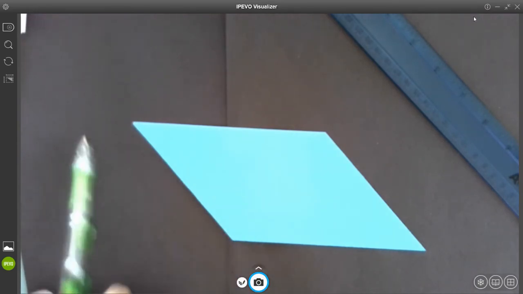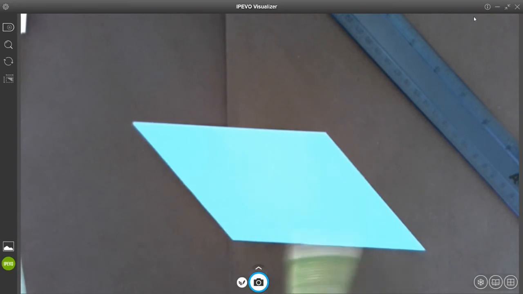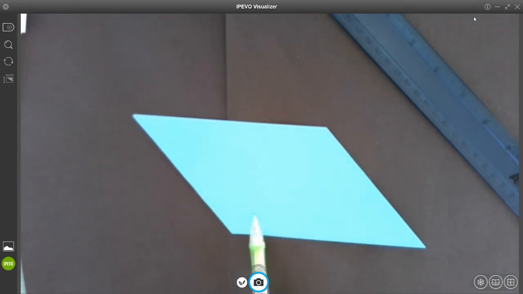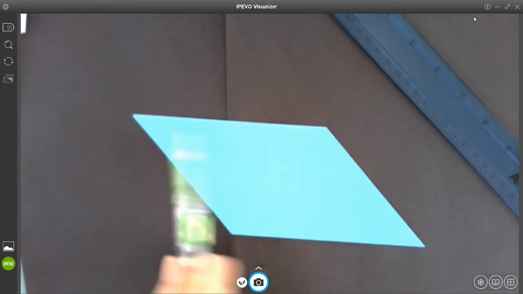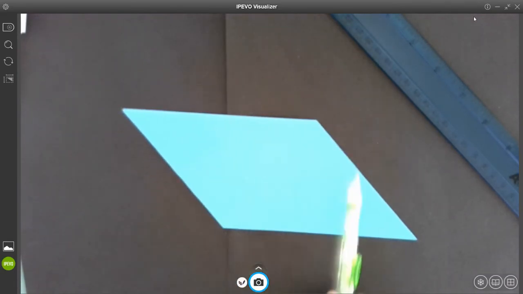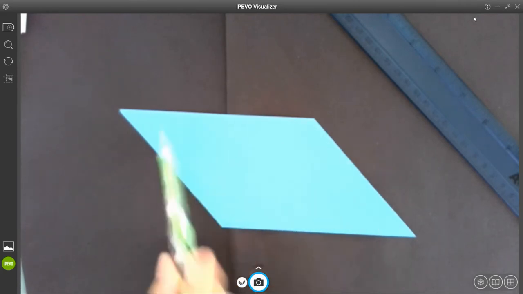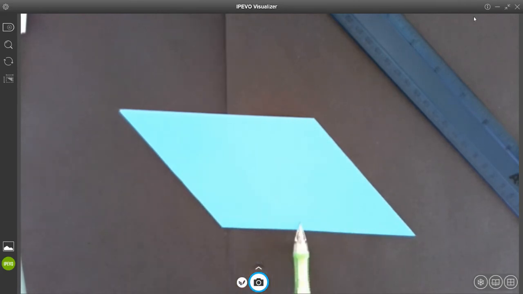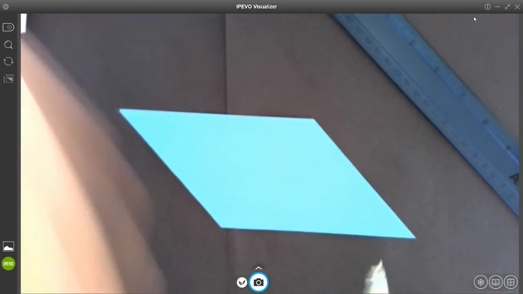A parallelogram has 2 acute angles and 2 obtuse angles. But what it has in common with a rectangle is these lines are parallel and these lines are parallel. These two sides are the same length, and these two sides are the same length.